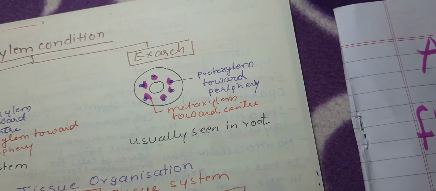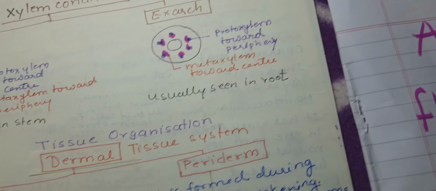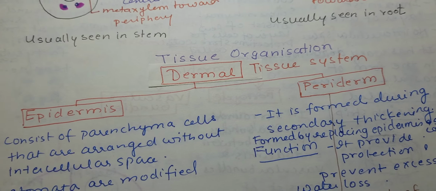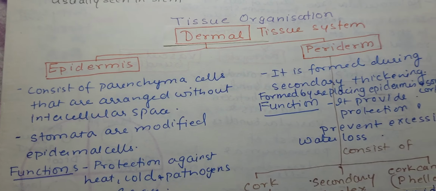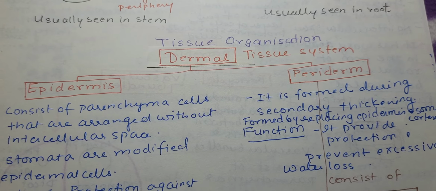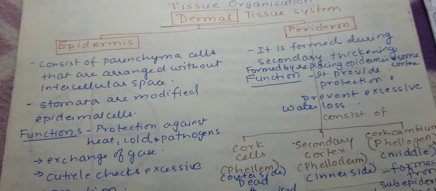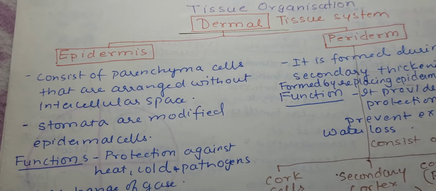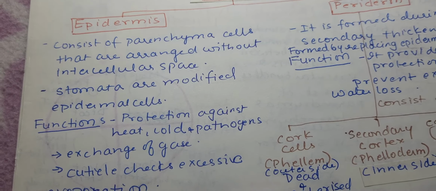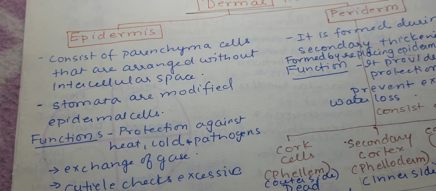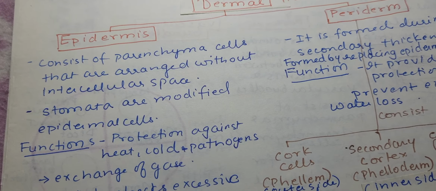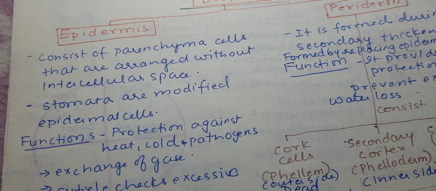Now we'll discuss the tissue organization. So here you can see the dermal tissue, which consists of epidermis and periderm. The epidermis you will see during the primary growth consists basically of parenchyma cells.